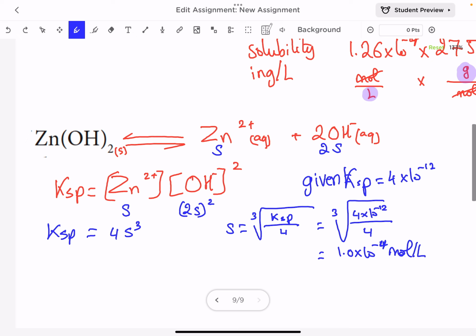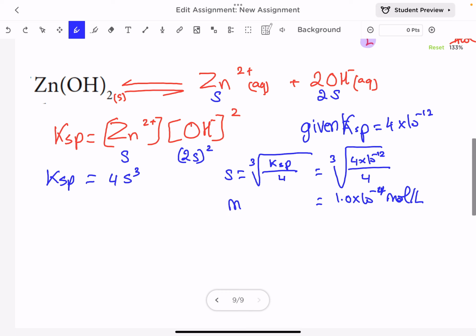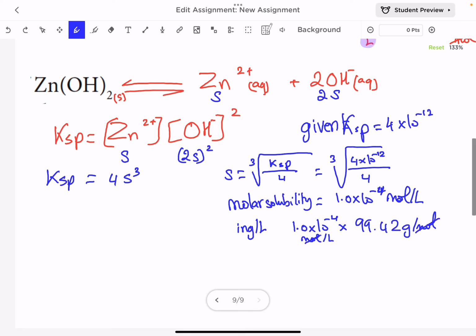As I mentioned in my previous example, this is a molar solubility. So if you want to calculate it in gram per liter, all you need to do is multiply this molar solubility by the molar mass of zinc hydroxide, which is 99.42 gram per mole. If I do this, I'm going to get an answer in gram per liter.